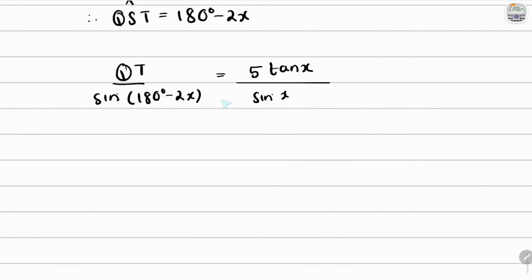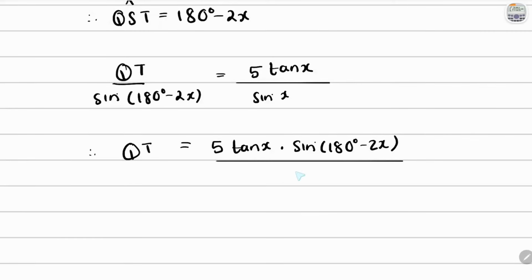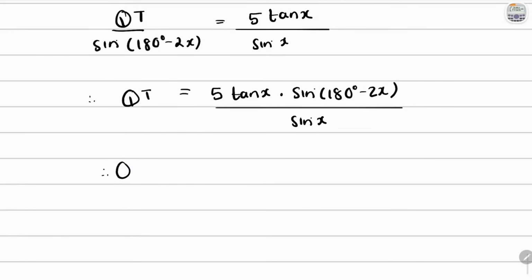And now we can just go ahead and multiply both hand sides by that denominator so that we can leave QT there. So it's like transposing this from the denominator, it will move to the numerator. So QT is equal to 5 tan x multiplied by sine 180 degrees minus 2x, and this goes all over sine x. Okay, so let's simplify.